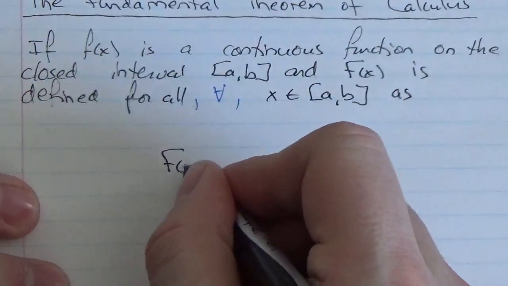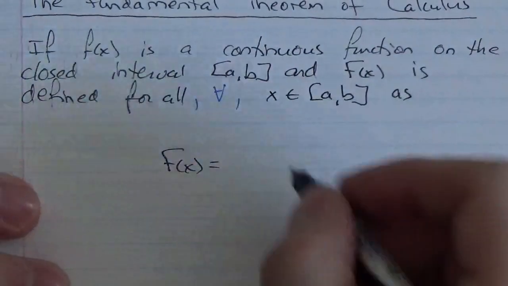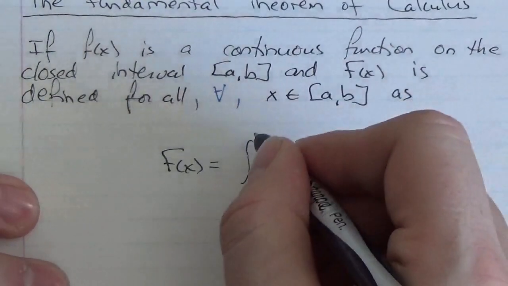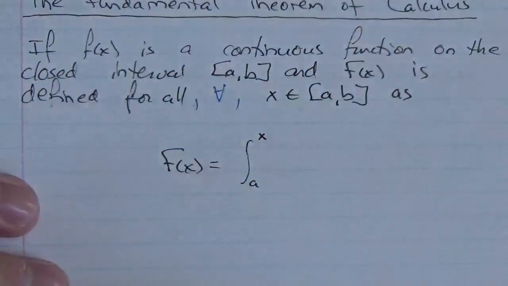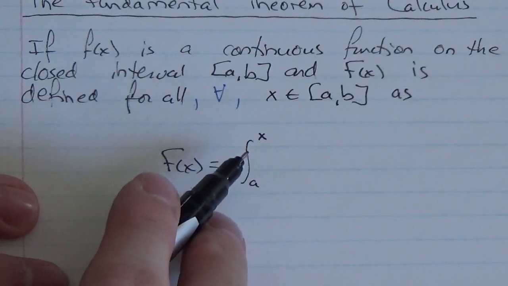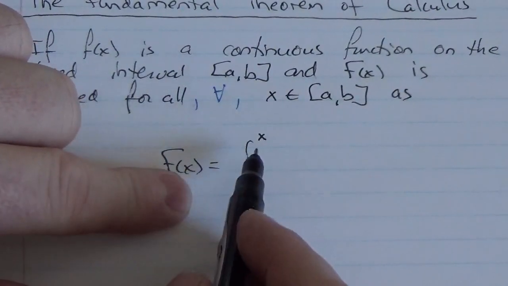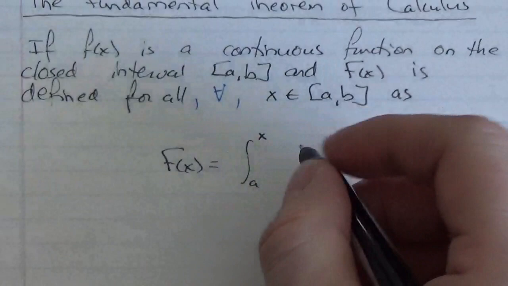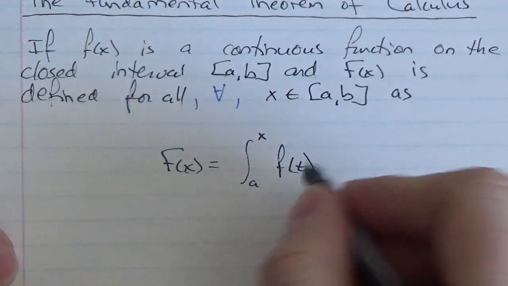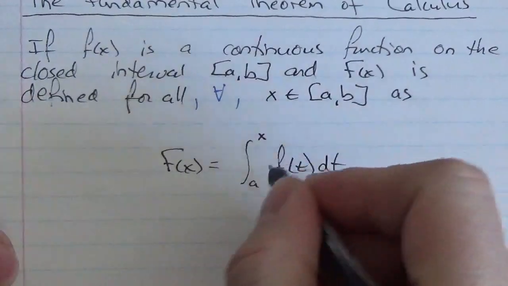Capital F of x is going to be the integral from a up to x. It's important that you catch that I'm going up to the variable x. I'm putting my independent variable up there, and this time I'm going to make it f of t dt.